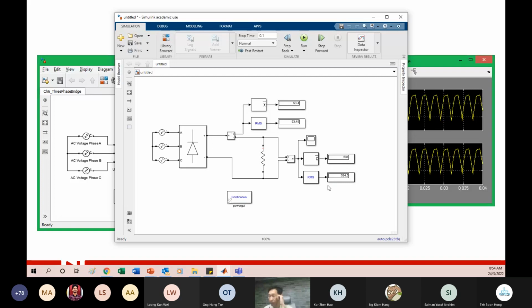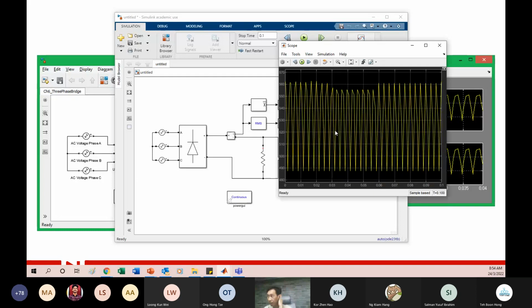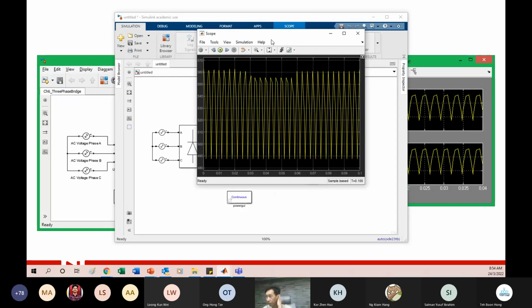That's why it is multiplied by 1.6: Vm multiplied by 1.6554. So it's very, very small decimal point differences. And when you look at the waveform, you will see that it doesn't touch the zero. Oh, there's some fluctuation here, never mind. But here you can see it's 400 over.